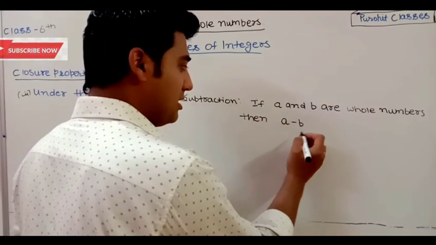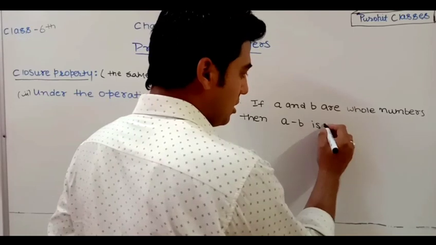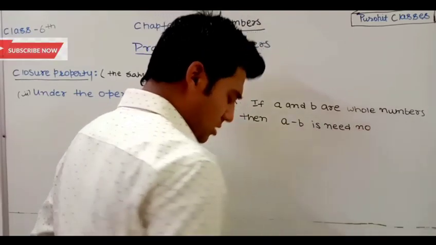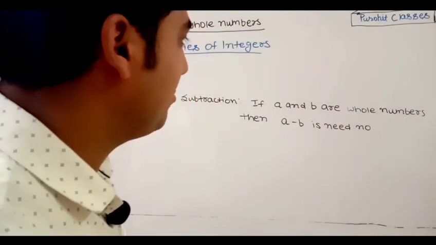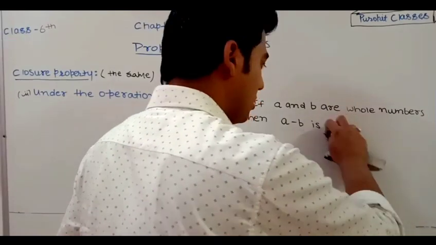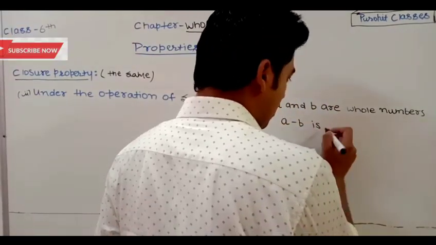If a and b are whole numbers, then a minus b is not always a whole number.